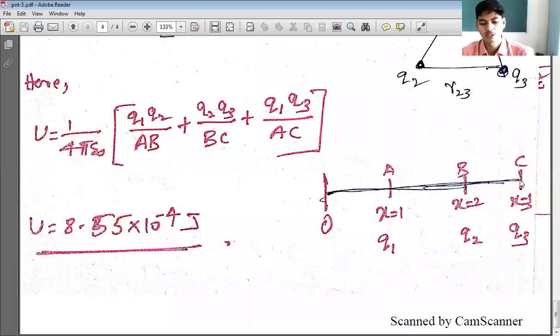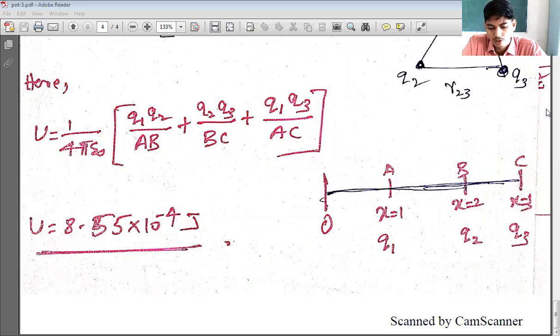So what will be the potential energy of the system of charges? It will be U equals 1 by 4 pi epsilon naught, Q1 Q2 divided by the distance between Q1 and Q2, which is AB. Can you tell me the value of AB?